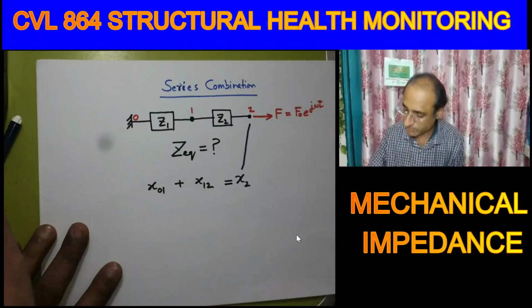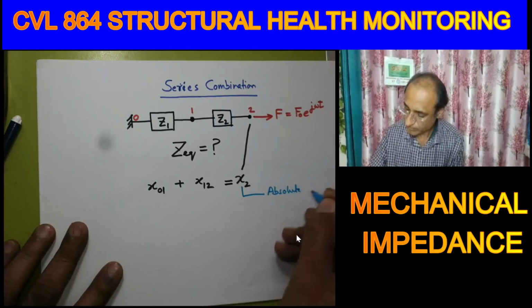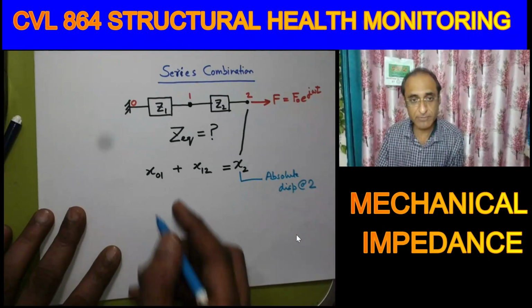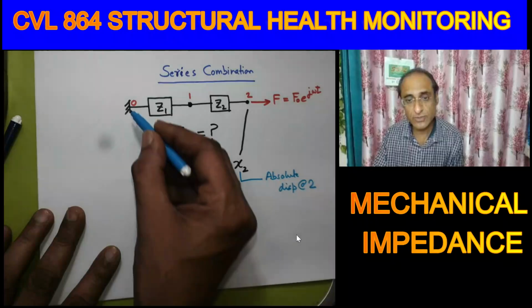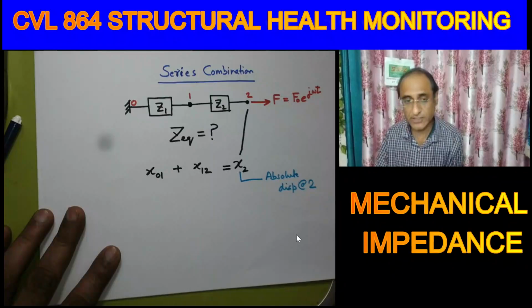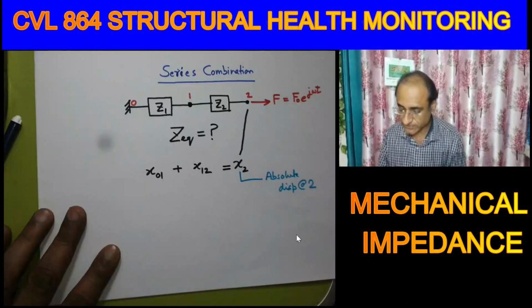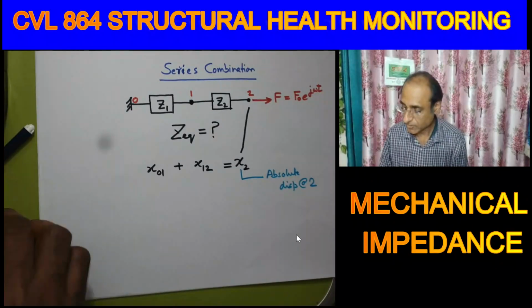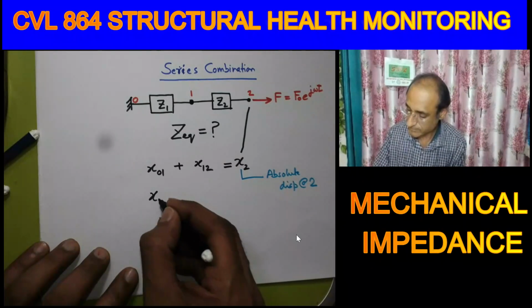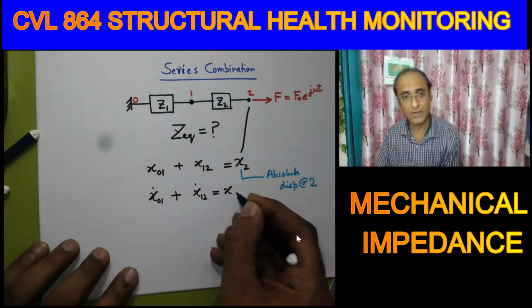So this is the absolute displacement, and x01 is the relative displacement between points 0 and 1 and x12 is between points 1 and 2. Can you write like this? So let's differentiate. So differentiating we get, okay.